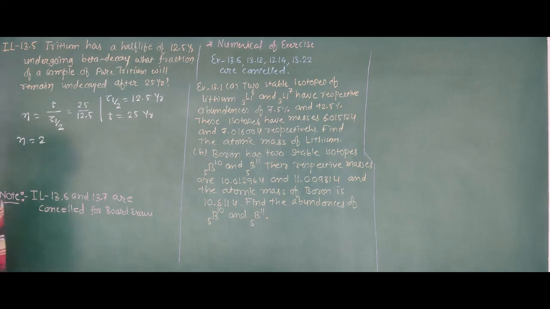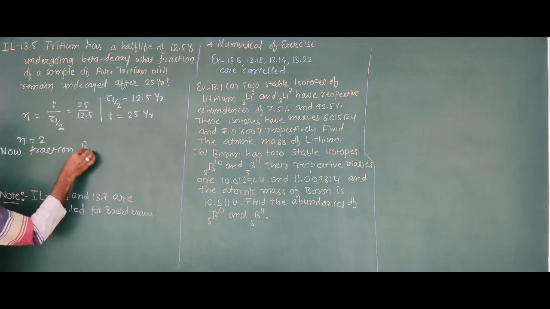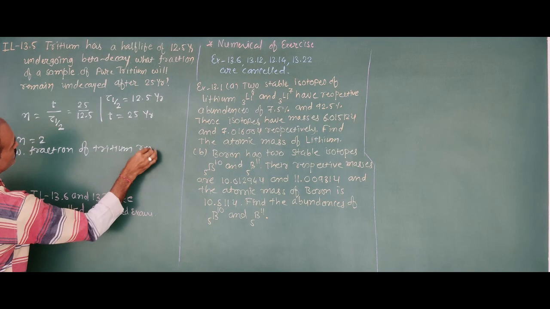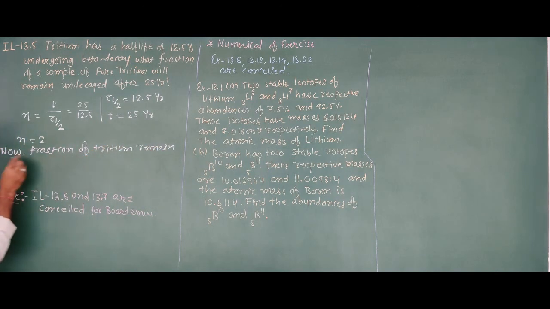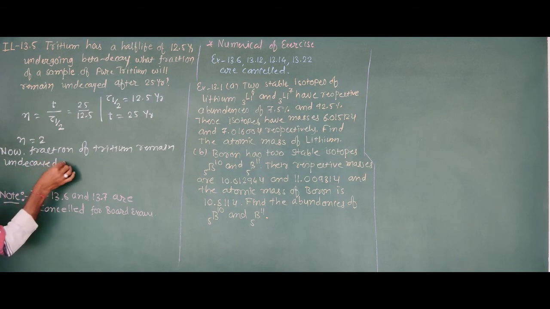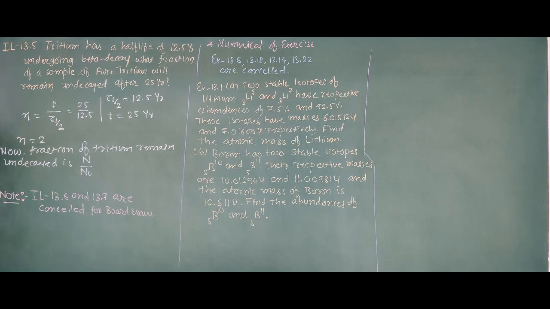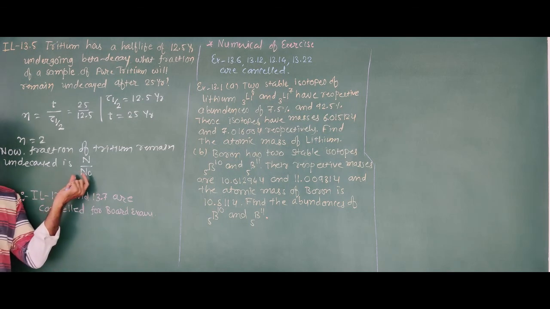And now, the fraction of the tritium remaining undecayed is N upon N0. N0 is the initial pure tritium.